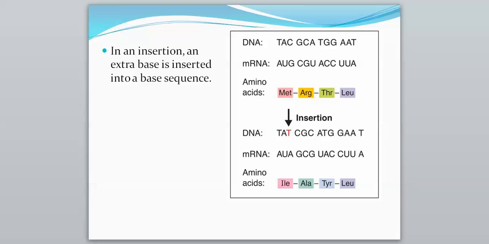Now look, we have 4 amino acids, and 3 of the 4 have changed, and then we just have one random letter floating off there by itself, which does nothing. That changes our protein completely, and that's bad news when we want our cell to function normally.